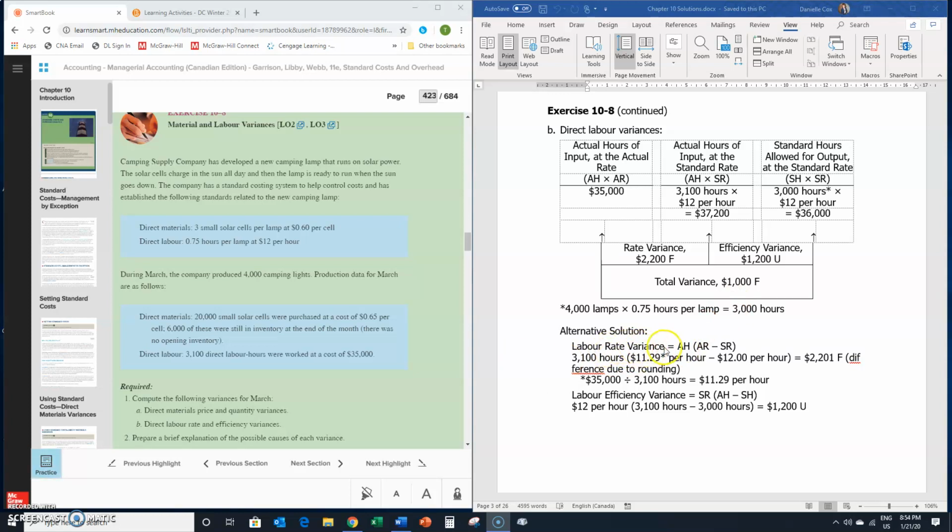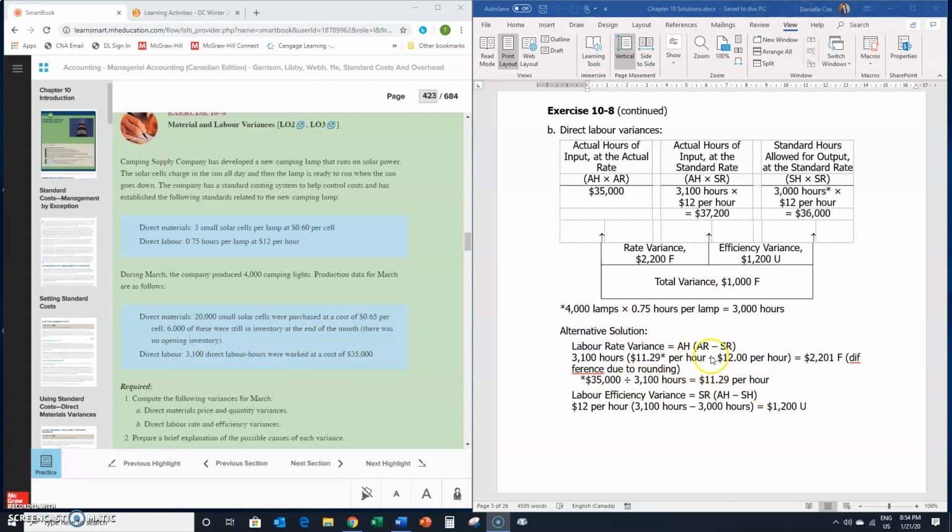Or you can use the formulas. So labor rate variance, actual hours, 3,100 times your actual rate. And we're not given the actual rate, but like I said earlier, it's 35,000 divided by 3,100, so that's 11.29 per hour.